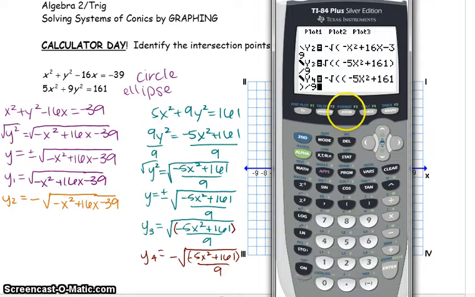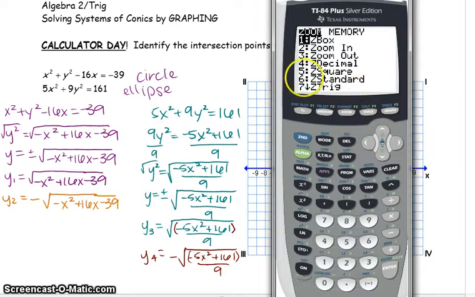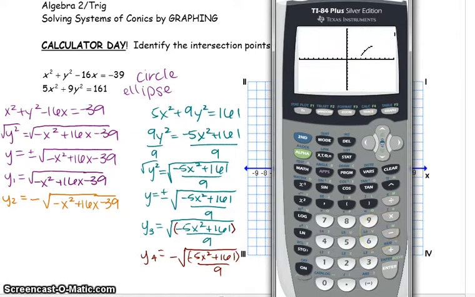So if we go to zoom, let's just go to our option number 6, Z standard, and take a look at what this looks like. So there is our circle, and there is our ellipse. So you can clearly see the difference between the two.